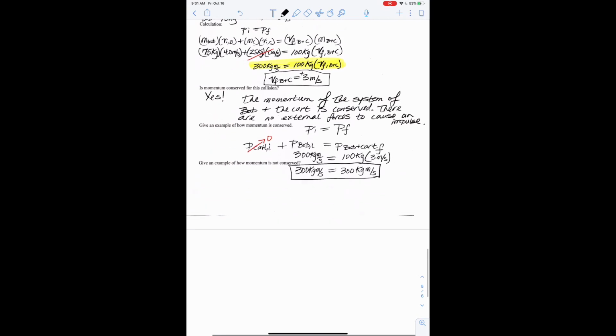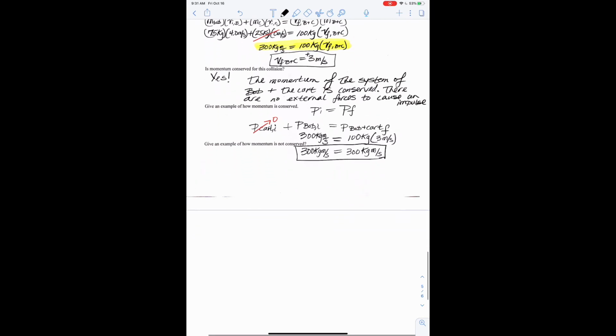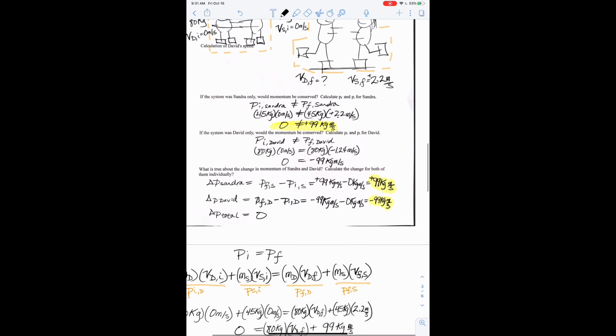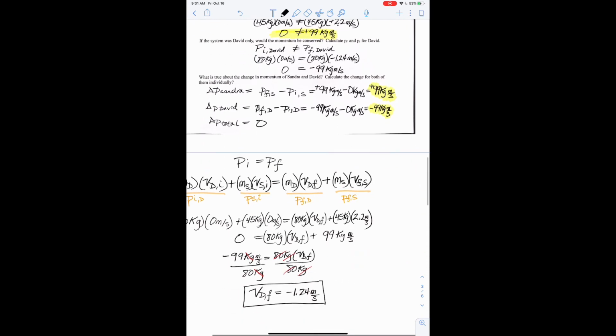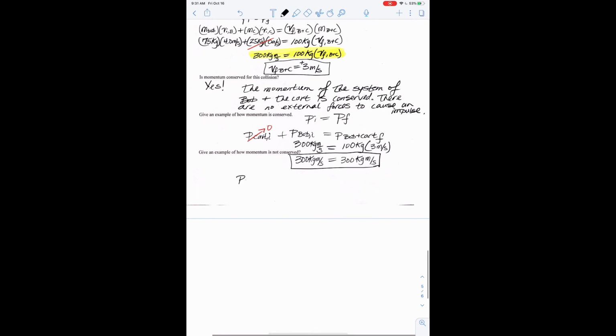Give an example of how momentum is not conserved. We can give 2 here. We can do what we did up here for David and Sandra. So we'll go ahead and say PI of Bob does not equal PF of Bob.